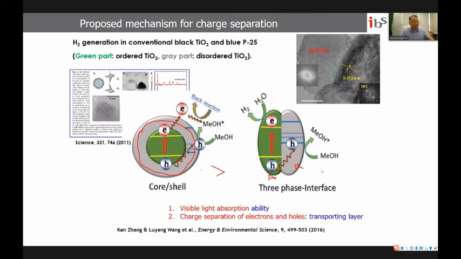But after generating the electron and holes through the disordered phase, usually the charge recombines. But in our blue case, the charge is absorbed through the black with the visible light, and then the nearby crystalline anatase phase can separate the charge.